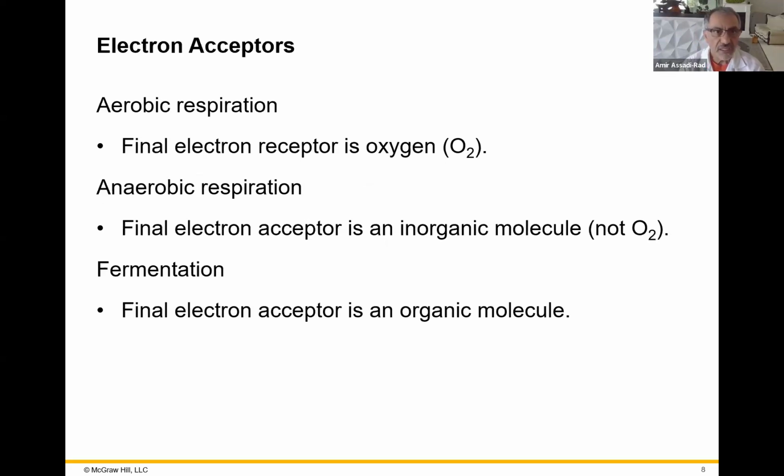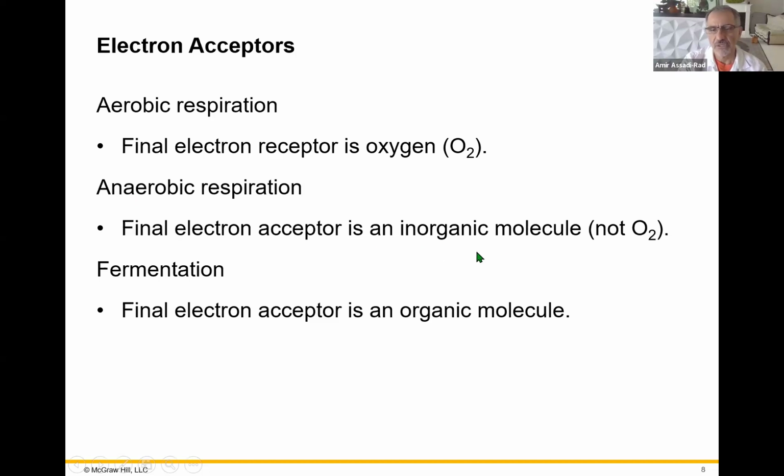Electron acceptors. Aerobic respiration means oxygen is involved. AER in your root words means air. Right here, oxygen is involved in this reaction, and you will see it. Anaerobic: AN in front of a word means what? Without. Without air, no oxygen involved.